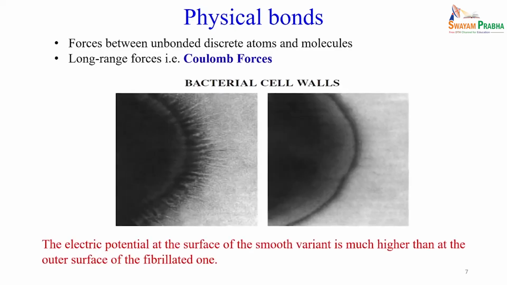So, if you just see, these are two bacteria. In one case it is having a smooth cell wall, in the other case it is having a fibrillary or spiked cell wall. Now, in which case will it have more surface charge?